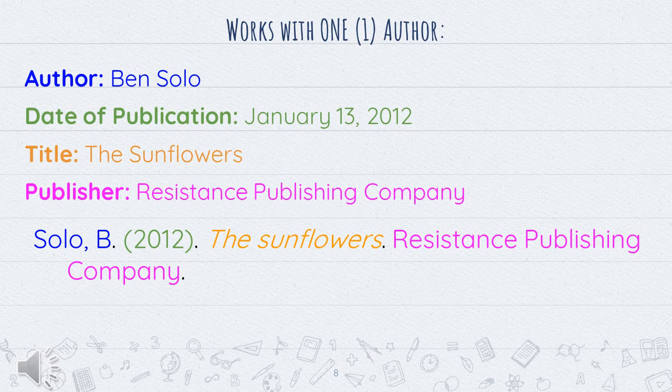Ang ilalagay lang natin ay yung year, year of publication. So, Solo, B., 2012, tuldok, and then saka yung kanilang title, The Sunflowers, tuldok ulit, and then you can now insert si publisher. Name ng publisher nila, we have Resistance Publishing Company.